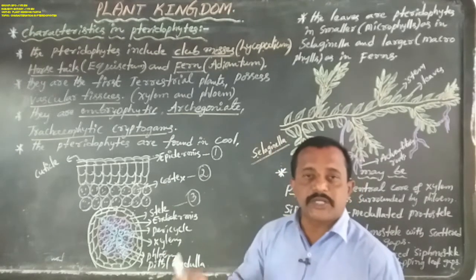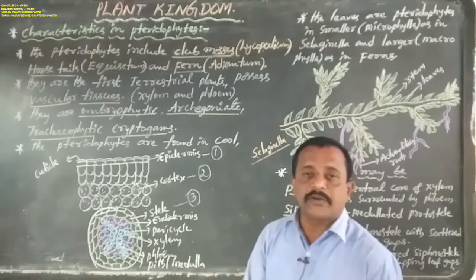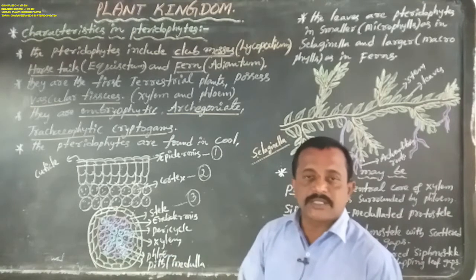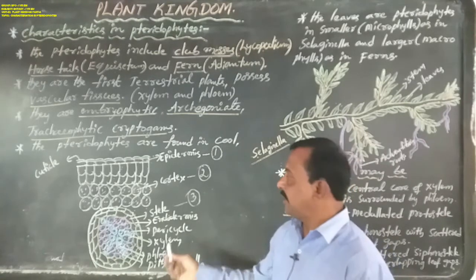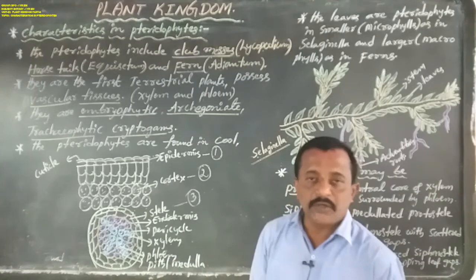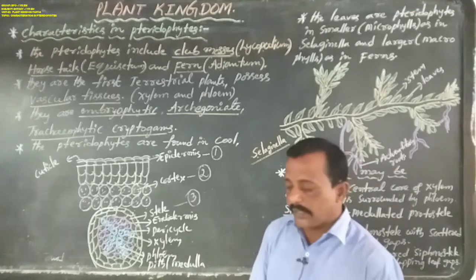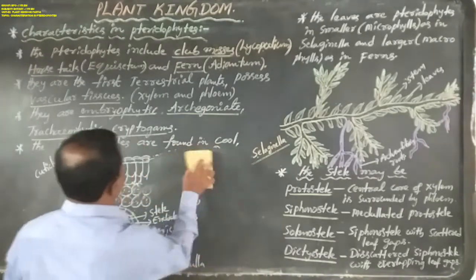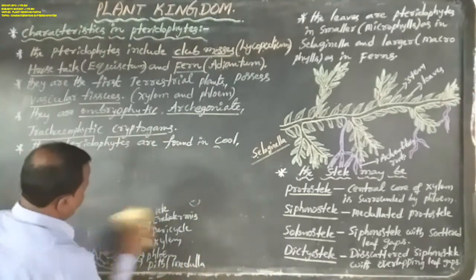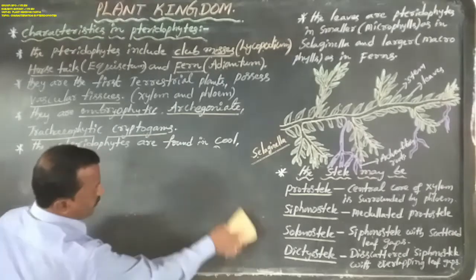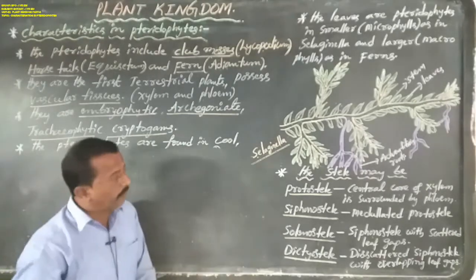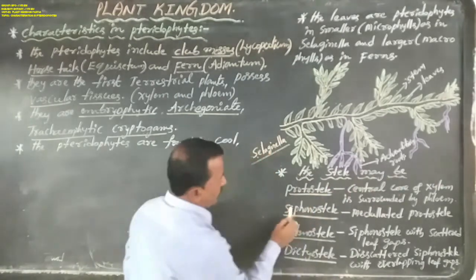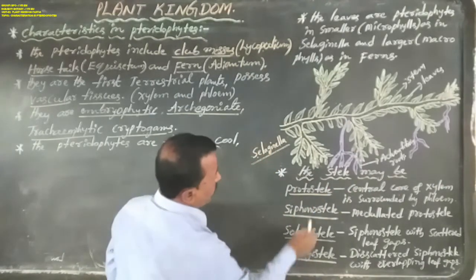The arrangement of xylem and phloem differs in pteridophytic plants, and the stele may be protostele, siphonostele, solenostele, or dictyostele. We will discuss them one by one, first the protostele.